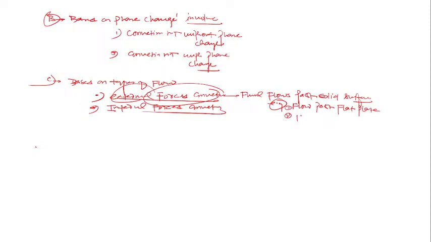Second example, flow past a sphere or cylinder. Clear? They are external forced convection. As far as internal forced convection is concerned, the fluid flows within a confined boundary.